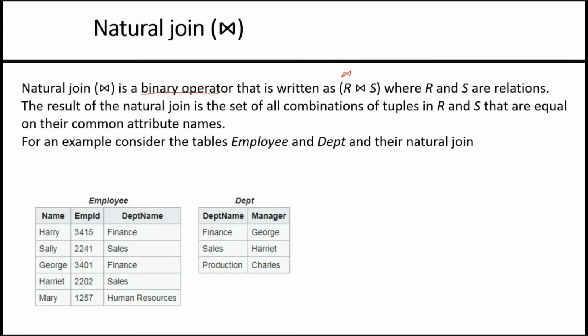If R is a relation and S is a relation, then R natural join S is a valid query in relational algebra. The result of the natural join is the set of all combinations of tuples in R and S that are equal on their common attribute names.